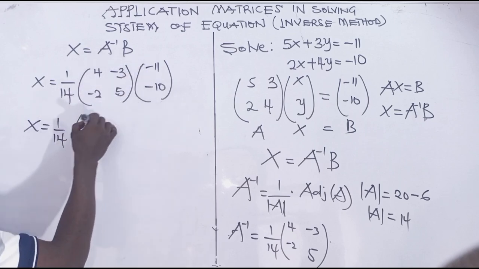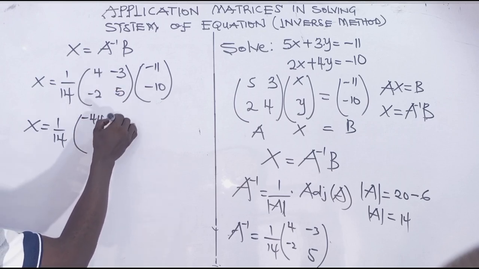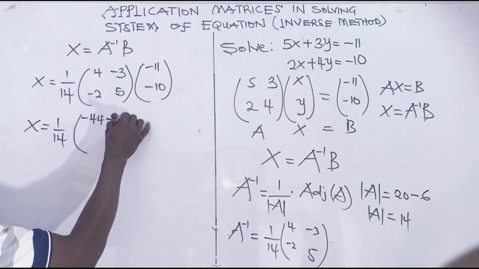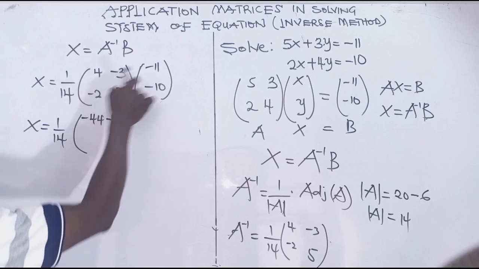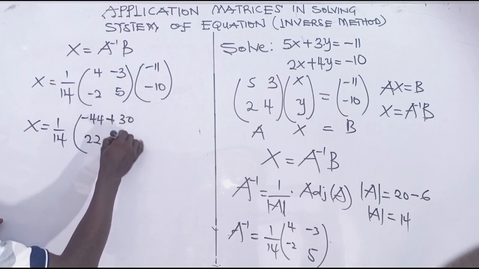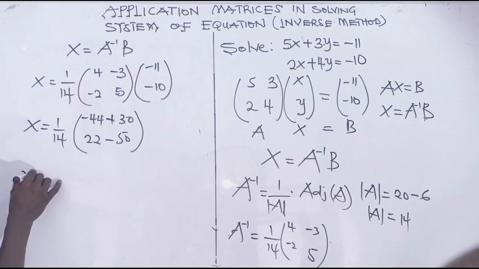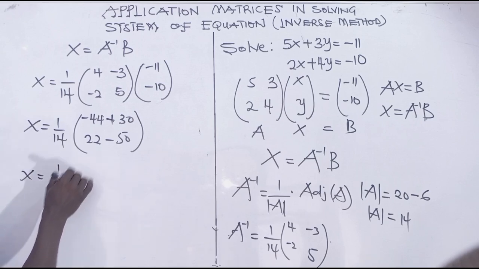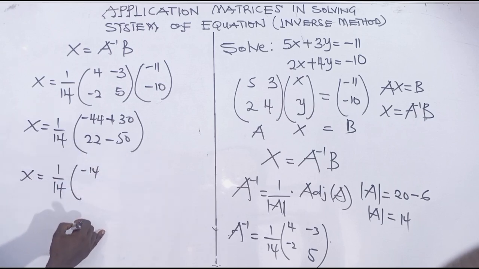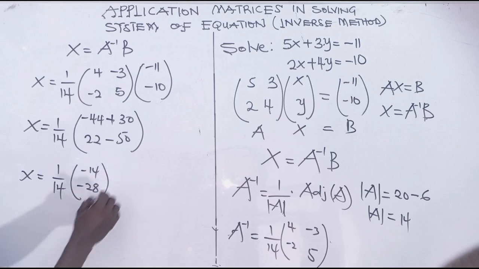So we have 4 times minus 11 gives us minus 44. And then we have minus, this will give us plus 30. Then we have 22 minus 50. So we have 1 over 14, and this will give us 20 minus 28.